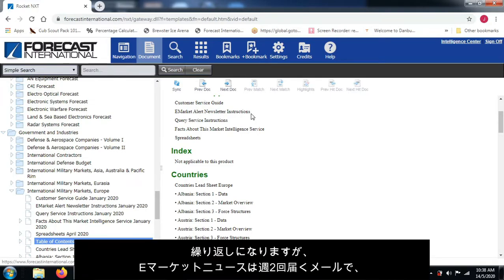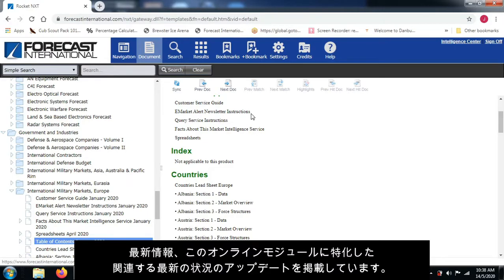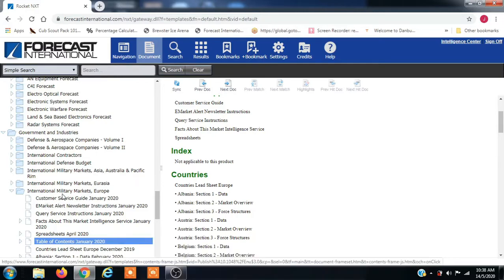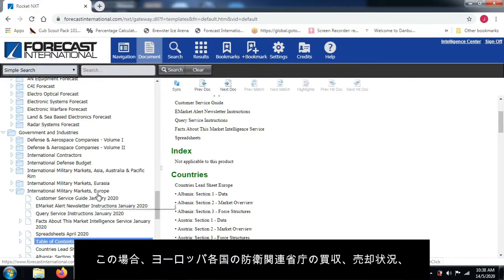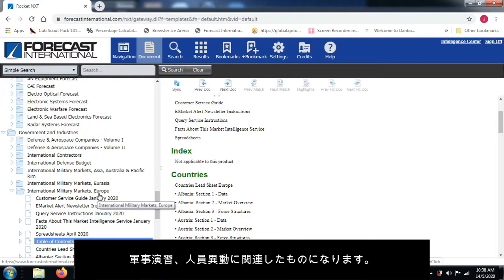Again, these e-market alerts are emails that come twice a week, and they discuss the news and updates about what is happening relevant to this particular online module. So in this case, the news would be anything that's happening with European defense agencies, procurement, divestiture, exercises, personnel moves, etc.